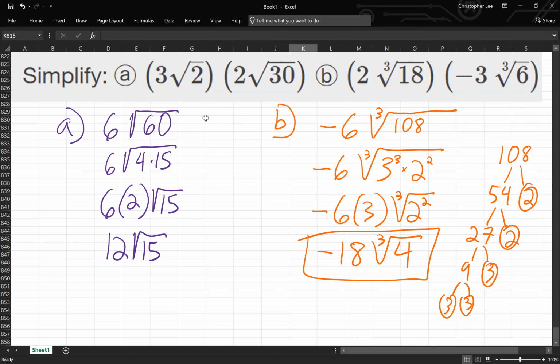Just keep it there? No, it has to come out. It's canceling out with the index, so it's just becoming a whole number on the outside. Like this little 3 right here is canceling out with the cube root, and then it's coming out as a whole 3 by itself. And then now we can combine with the 6s on the outside.